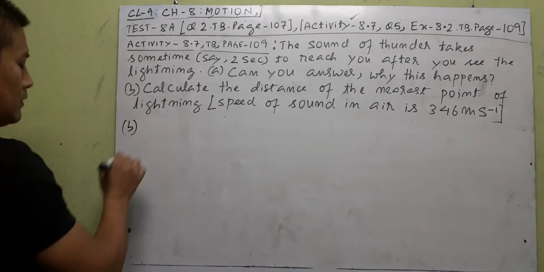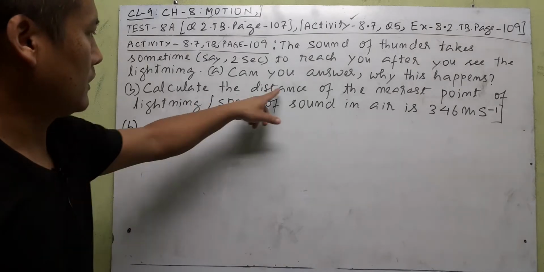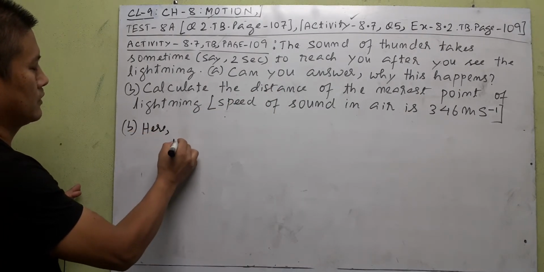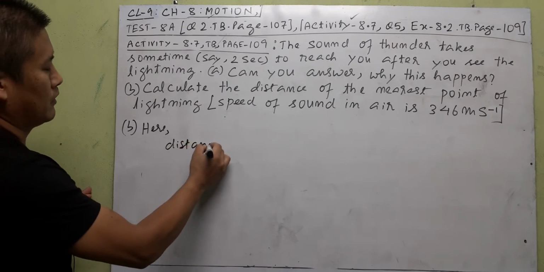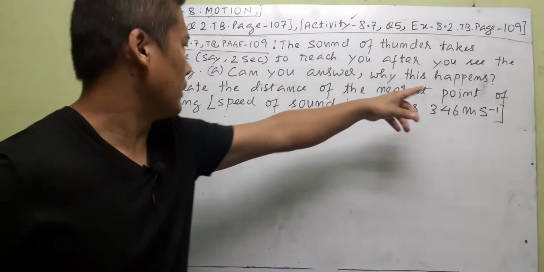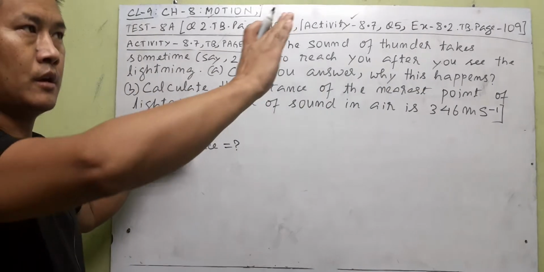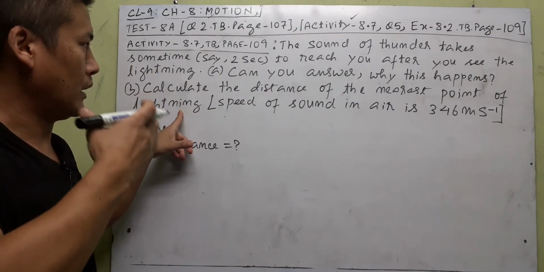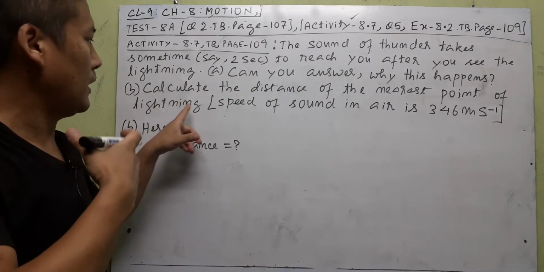Okay, B, they calculate the distance. So here we have to find the distance. So let us write it down. What distance? Distance of the nearest point of lightning, means the position of the lightning and you, the person who is seeing the lightning. The distance between you and the lightning that you see.